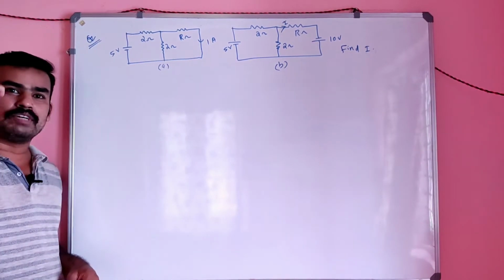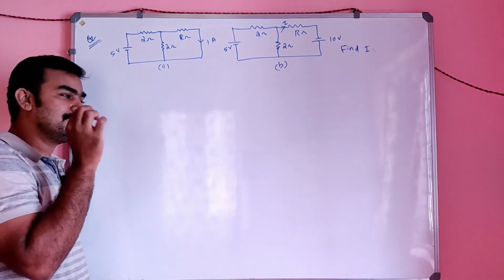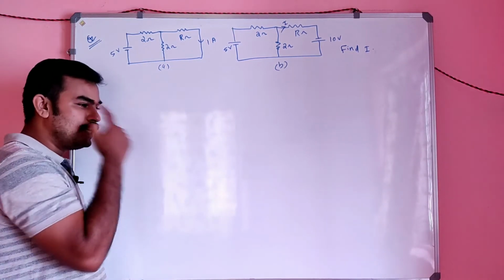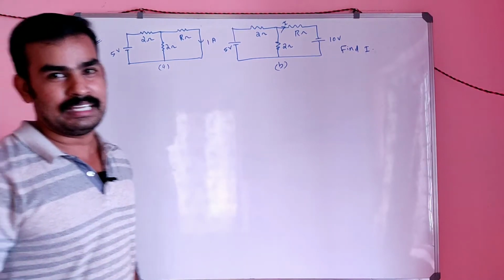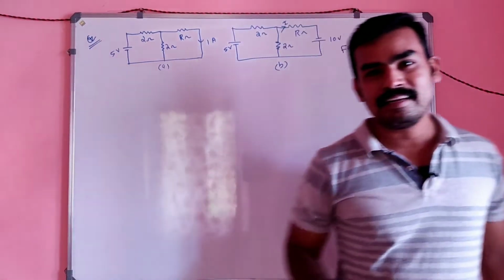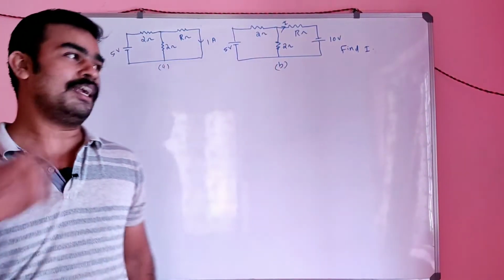But you have to utilize your brain. At first look itself, you have to identify which theorem is applicable for that question. Then only it will be solved within the span of 1 minute. Otherwise, it will take a long time and you can't solve it.